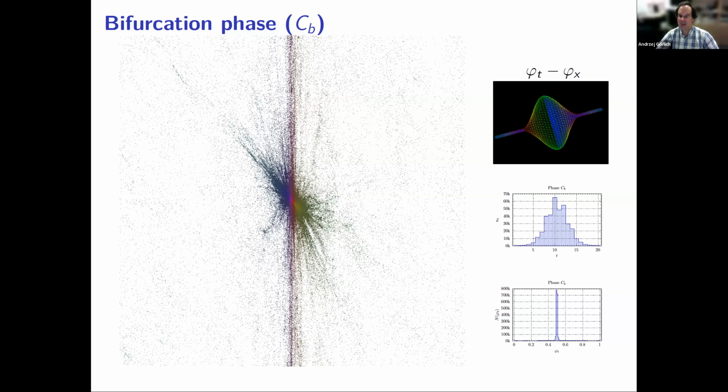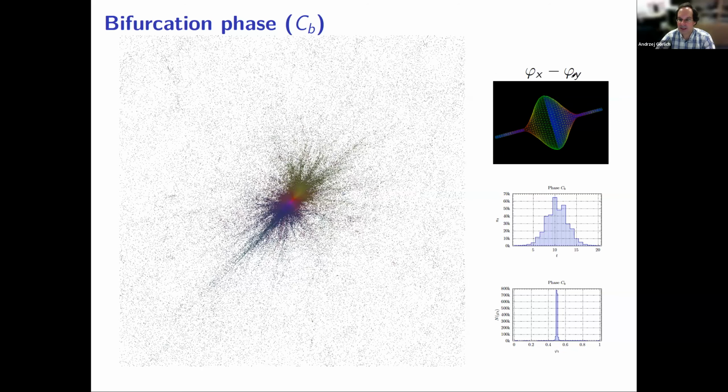There are these kernels with a large number of points, of pixels or simplices around them. So this means that the field is localized around these kernels. And if we look from the side, it also looks quite localized.